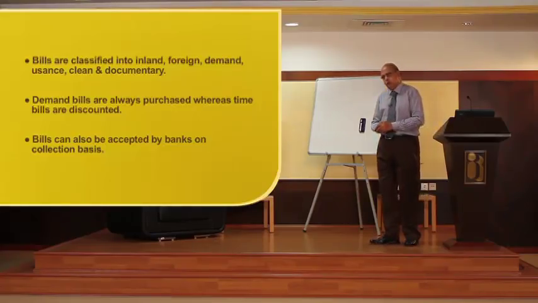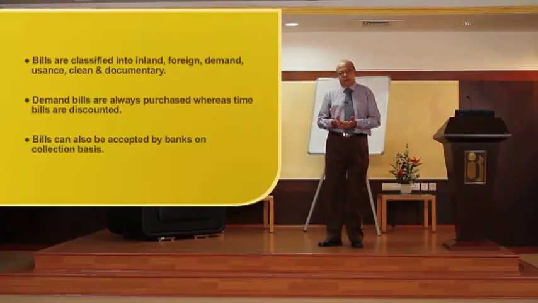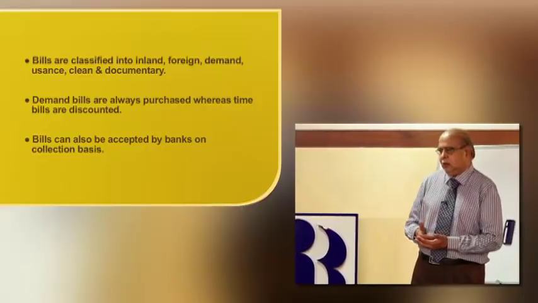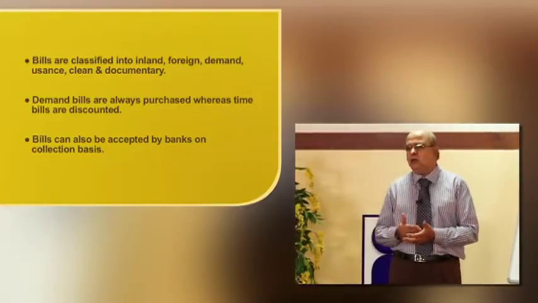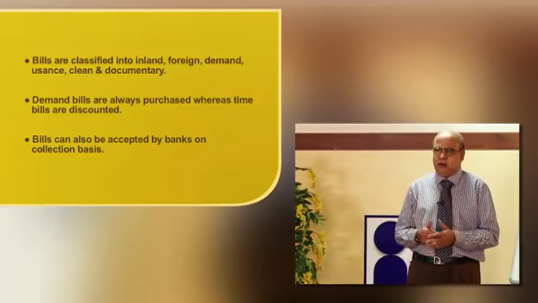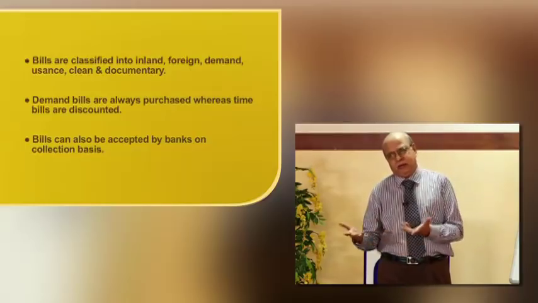discounted. For example, a person has got a check which is a demand bill, and the check is issued from a different locality or a different location. Of course, in today's scenario, it may not be that much relevant because most of the banks have got at par payment.